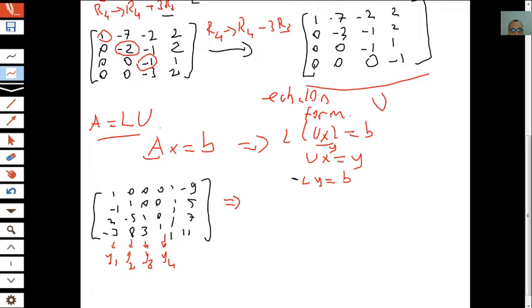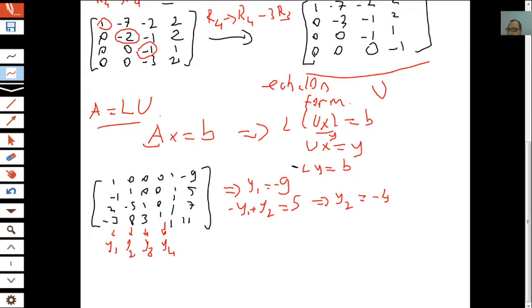So from here we find y1 is equal to minus 9, and from the second row we can find y2. Since y1 is equal to minus 9, from the second equation we have minus y1 plus y2 is equal to 5, and from here y2 is equal to, writing minus 9, we have plus 9 for here, so y2 becomes minus 4.